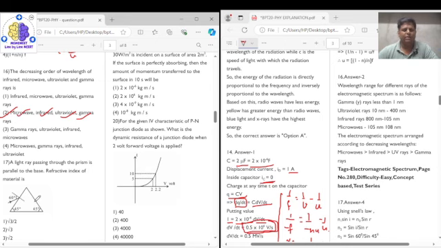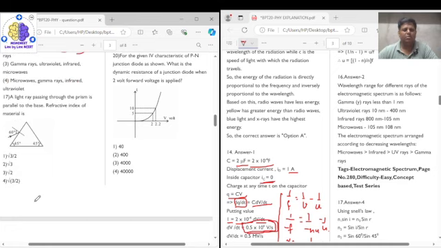Then coming to question number 17, this you have to memorize. A light ray passing through the prism is parallel to the base. If it is parallel to the base, it means it's a case of minimum deviation. So the refractive index of the material is... if this is 45, this is 45, this has to be 45.